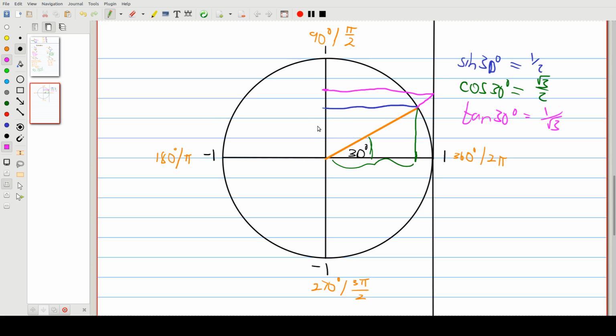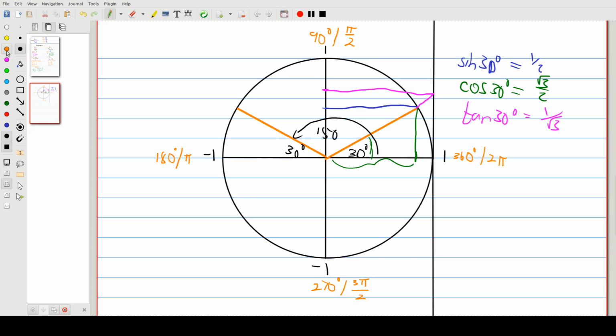Now I'm just going to quickly go through the angles in the other quadrants as well. That was the first quadrant. In the second quadrant, we'll draw a 30-degree angle here. That means we have 150 degrees, right? If this is 30 degrees here, the whole angle across will be 150. So let's write that in, 150.